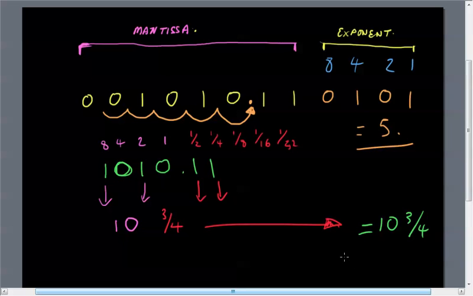Okay, so in an exam, that apparently is a 3-mark question, and the marks would be awarded like so. We get 1 mark for moving the decimals.